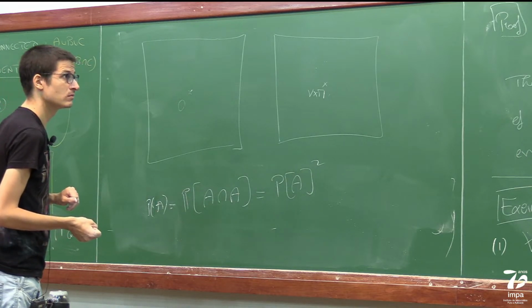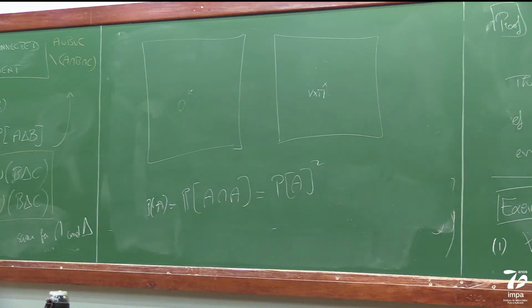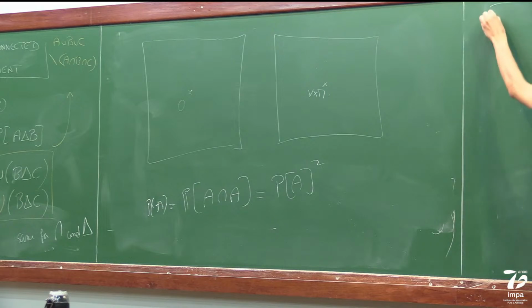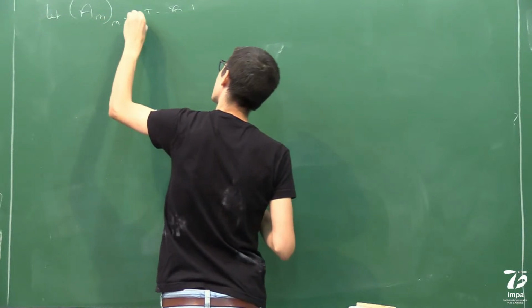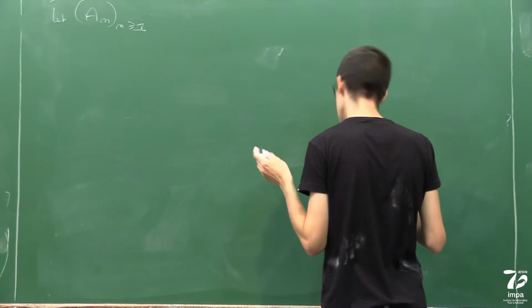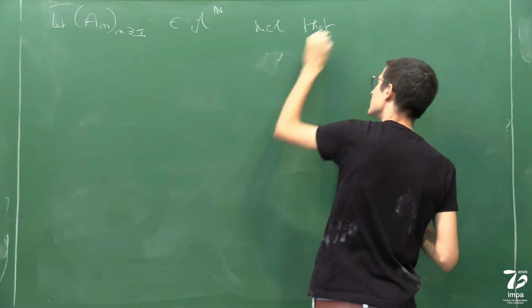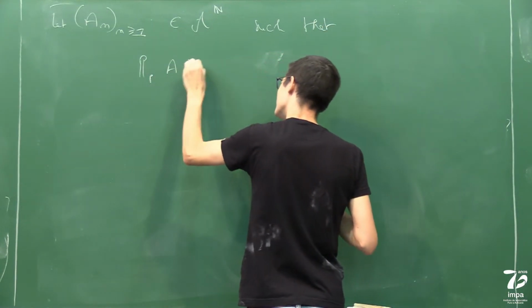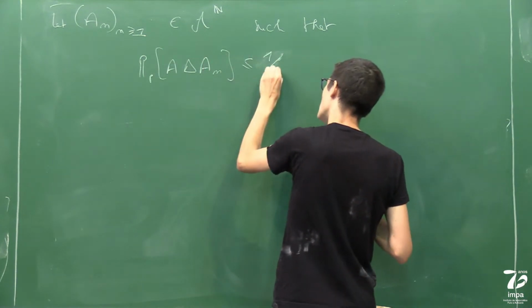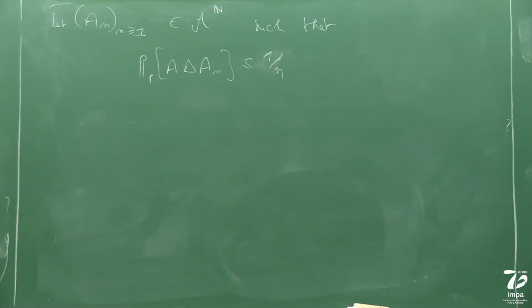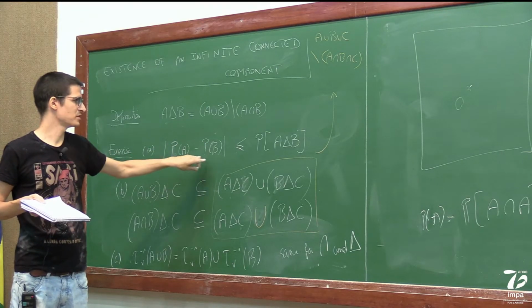I'm running out of space. Let A_n be a sequence of approximations of A. The first thing I'm going to observe is that the probability of A_n tends to the probability of A, just thanks to this.